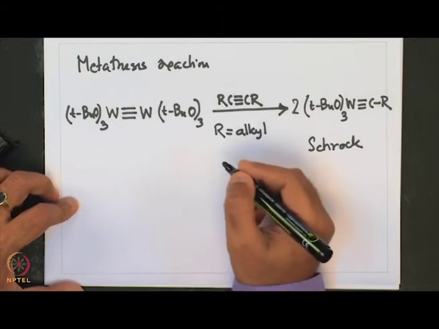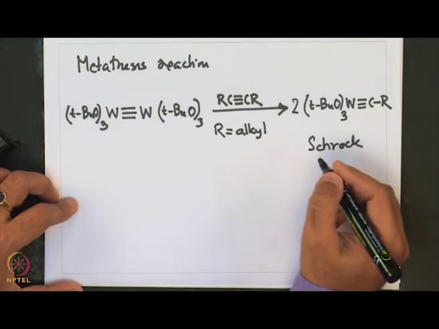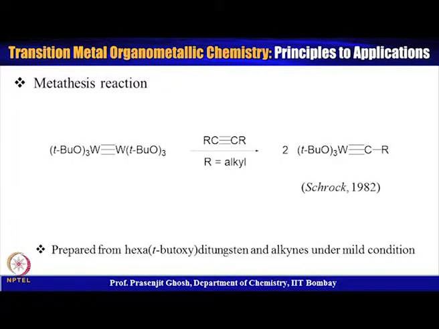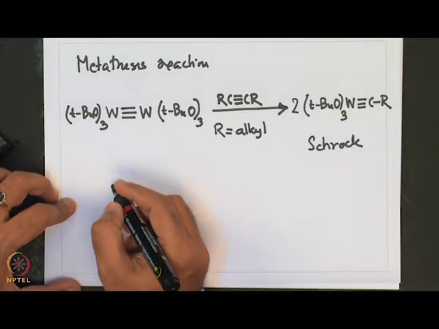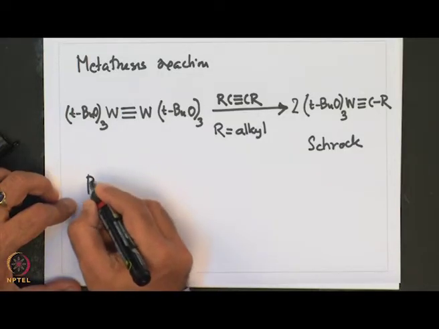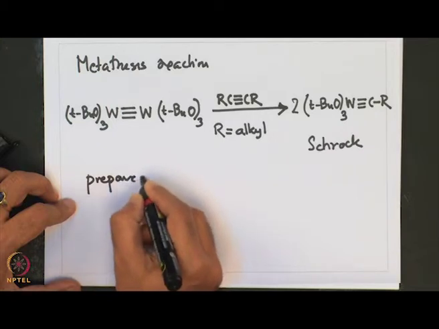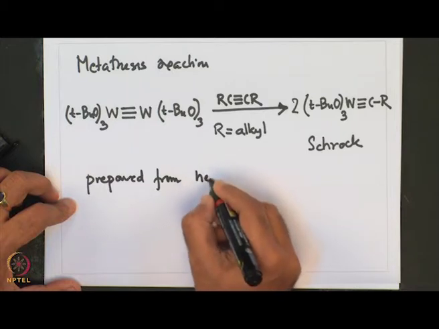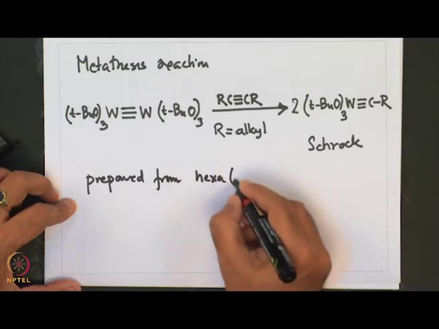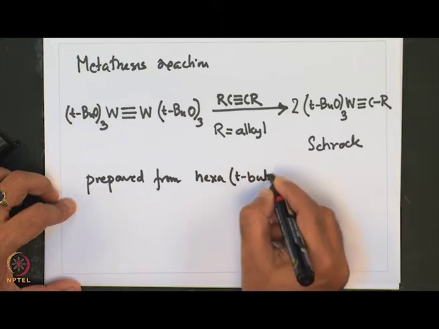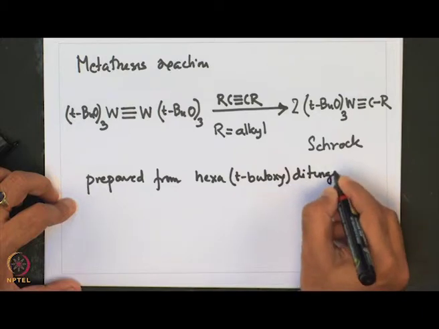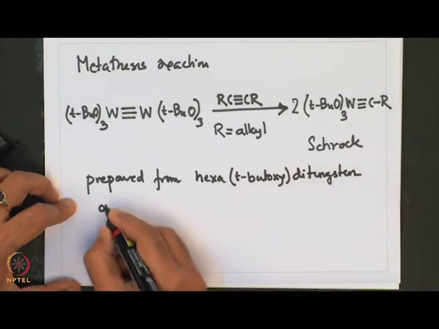So, in that way Schrock was ingenious in creating metal-ligand multiple bonded compounds, particularly transition metal carbyne complexes, and this reaction was carried out under very mild conditions from hexa-tert-butoxy ditungsten and alkynes.